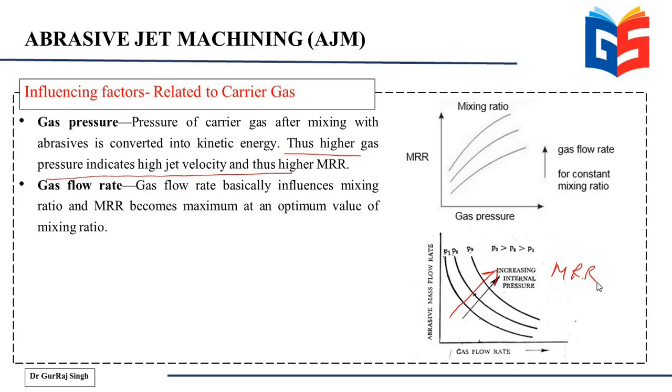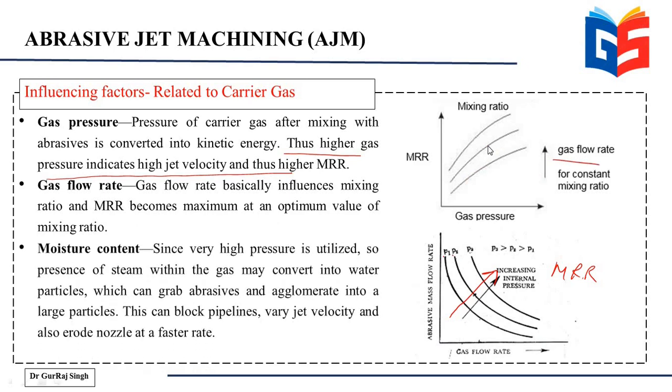Similarly, the gas flow rate basically influences the mixing ratio, and the MRR becomes maximum at the optimal value of this mixing ratio. So your MRR constantly increases with the increase of gas pressure or the gas flow rate. You can see the gas flow rate here for a constant mixing ratio is continuously going to increase.